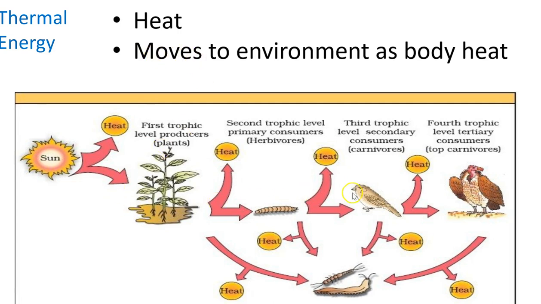Every organism has body heat, of course. That's why we have a temperature of 98 degrees. That's true of the bird, the vulture, and every single organism. They're going to give off some body heat. Well, that heat is released to the environment. Then it's gone, it's out of the ecosystem, can't be used.